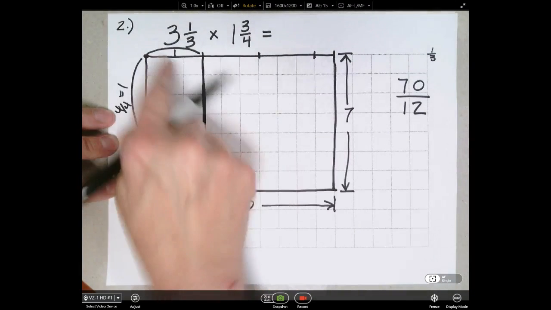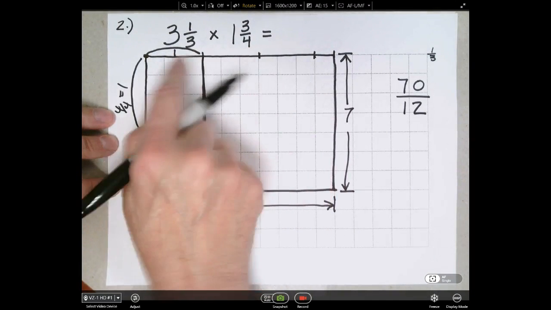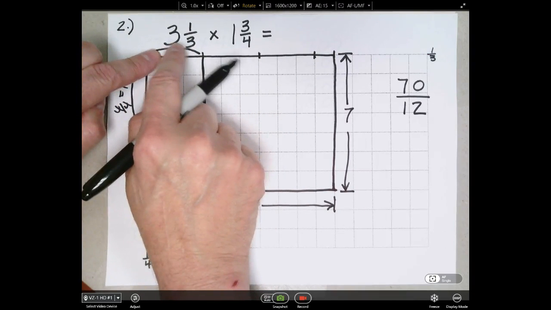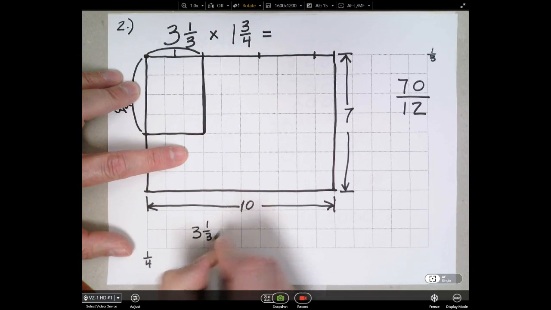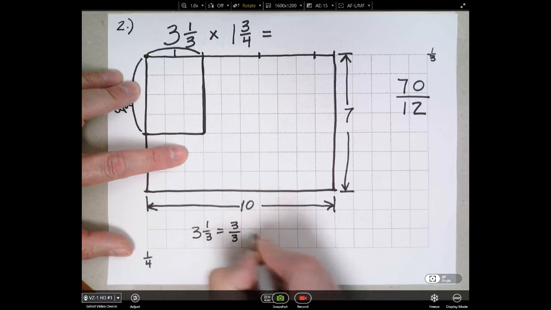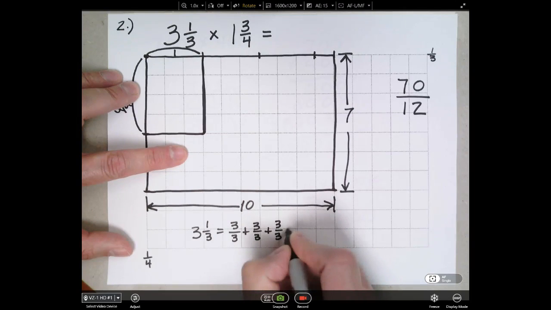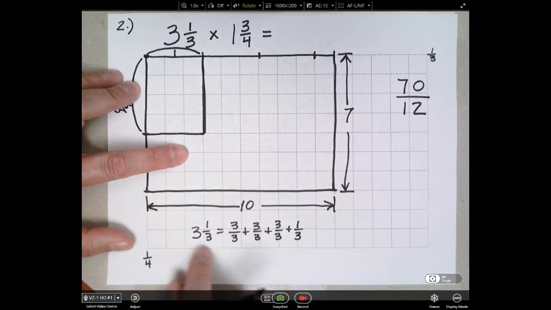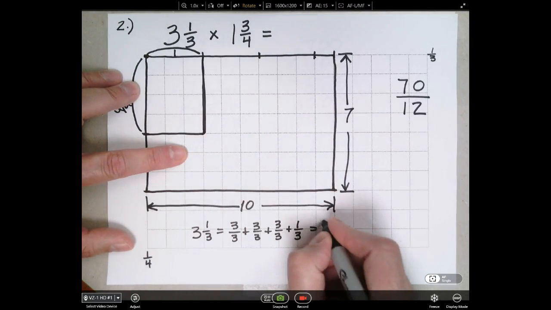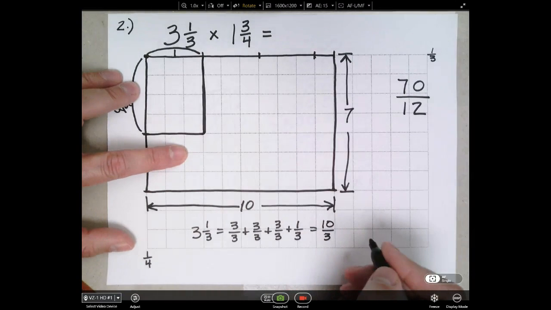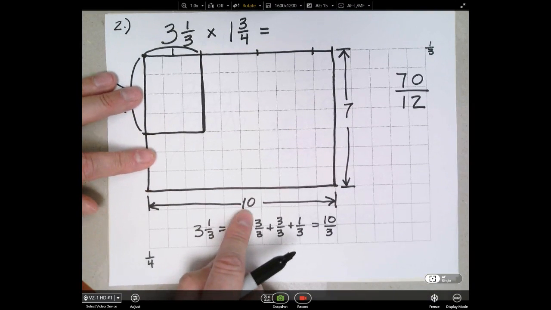If we're just going to go to an algorithmic solution, what those numbers mean, we can go back up here, 3 and 1/3. 3 and 1/3 is equal to 3 over 3 plus 3 over 3, that's 2, plus 3 over 3, that's 3, and 1/3, or if we know the shortcut, 3 times the number of holes, that gives us 3/3 plus 3/3 plus 3/3, or 9/3, and we have one more, so that is 10/3. Okay, and remember, there's our 10 that we multiplied by.